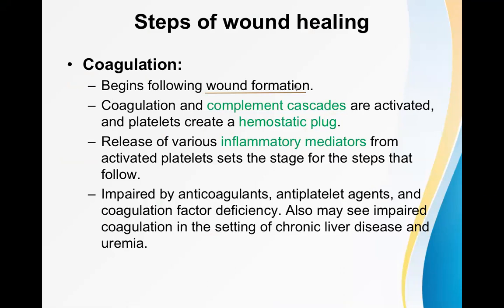And hemostasis occurs in three important ways. One, by contraction of the blood vessel, which is by sympathetic nervous system activation. Second, platelet plug formation. And third, fibrin clot formation. So this is known as coagulation. Coagulation and complement cascade are activated, and platelets create a hemostatic plug. That's what I was talking about right now.